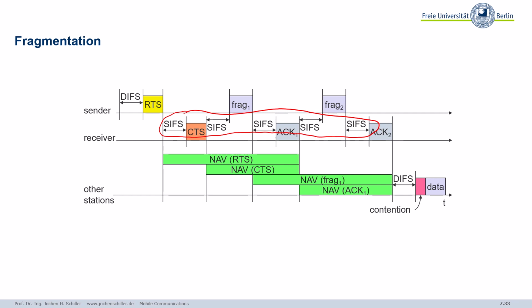And you also see the updates of the network allocation vectors, to reduce the interference by other stations, so that the other stations remain silent during this exchange of data. So fragmentation is another mechanism in .11. Okay, so that is the basic idea of exchanging data in a wireless LAN.